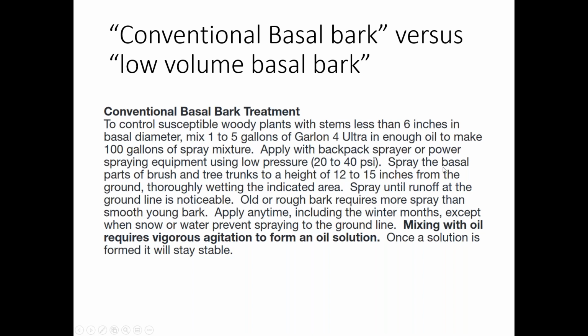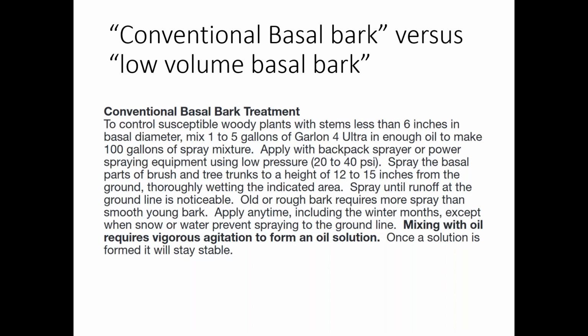And again, spray the basal parts to a height of 12 to 15 inches, thoroughly wetting the area, spray until runoff at the ground line is noticeable, okay? So basically, what you were doing here is taking a low concentration of Garlon 4 and oil and literally puddling that around the base of the tree. You sprayed it so heavily.